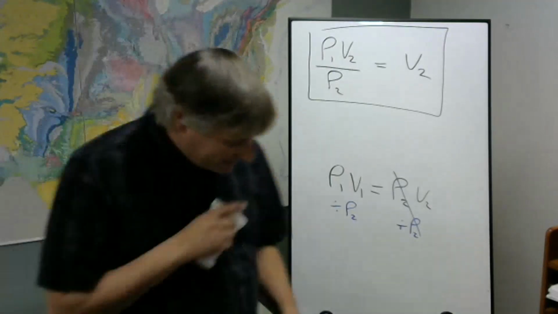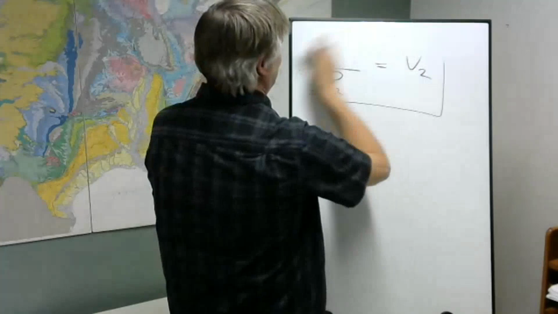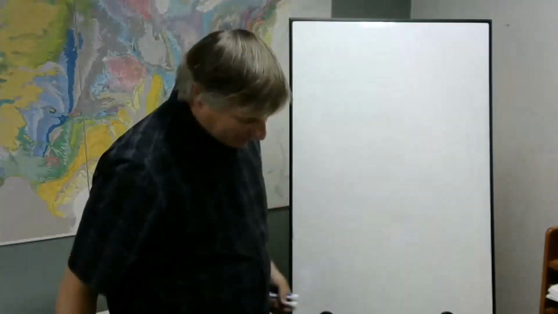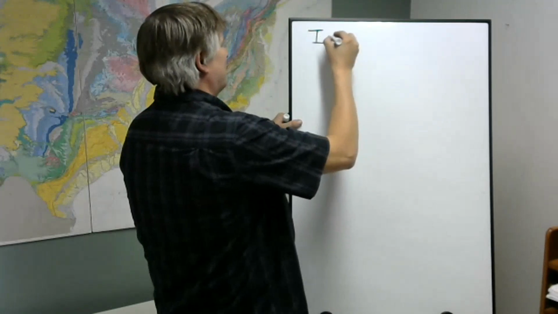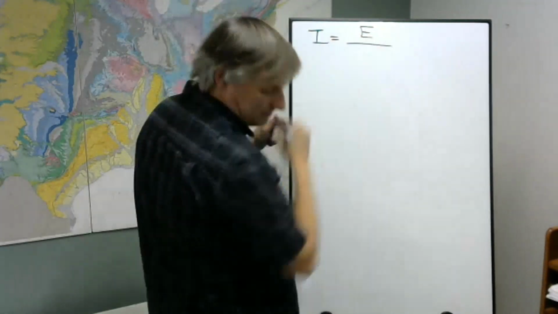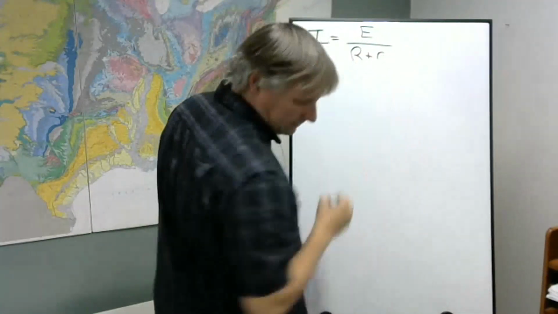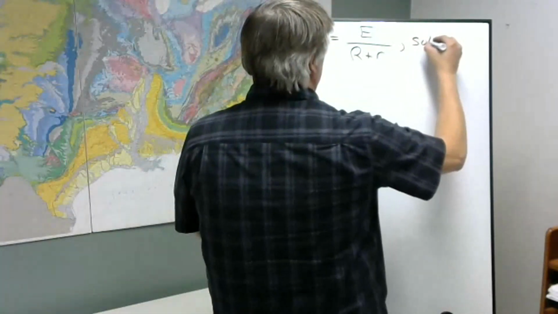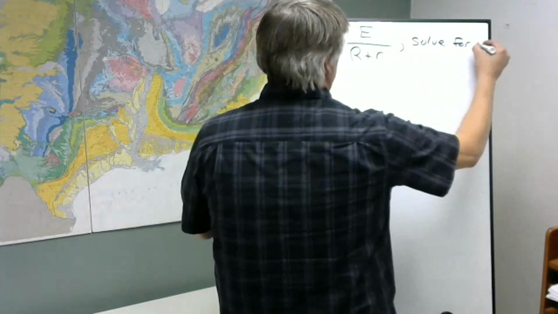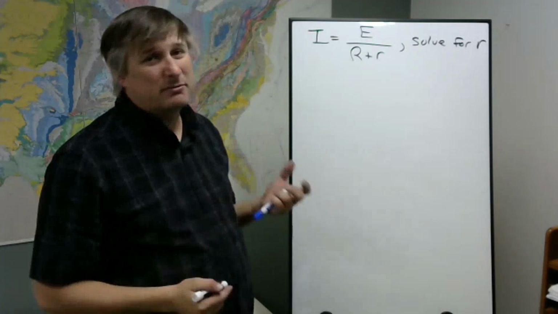Now let's take a look at another one of these. Let's say we have this. So let's say we're going to solve for r. Now again, we want to get rid of denominators.